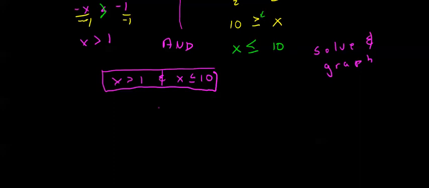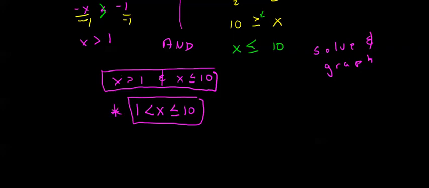I can also put x in the middle, and since x is larger than 1, the point is at 1, and the point is at x, 10. This means x is between 1 and 10. Normally, this is how I'm going to give the answers, but it means the same as this.